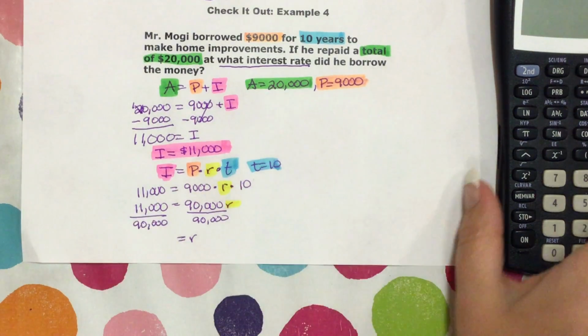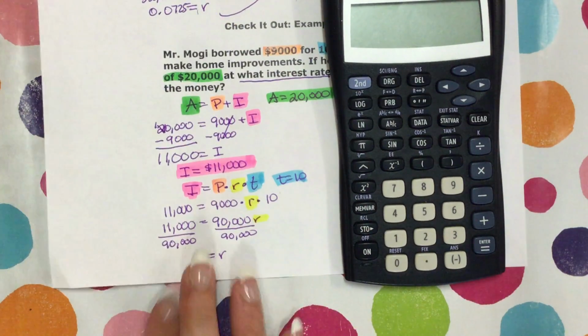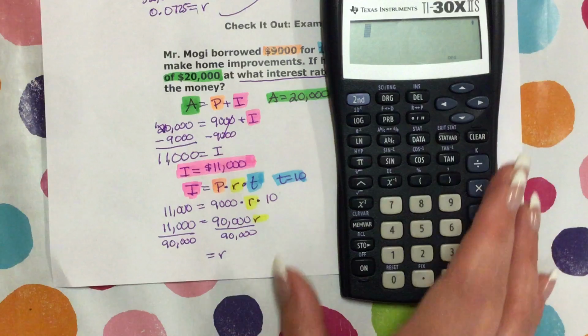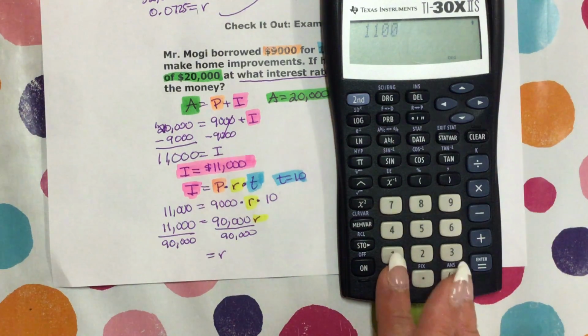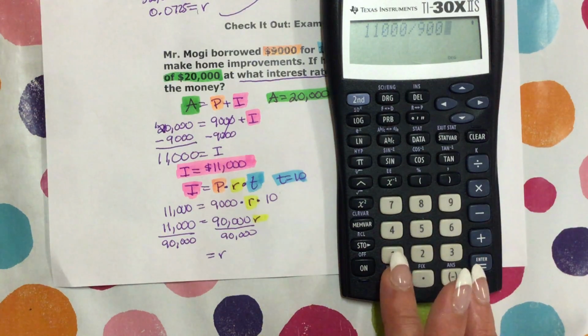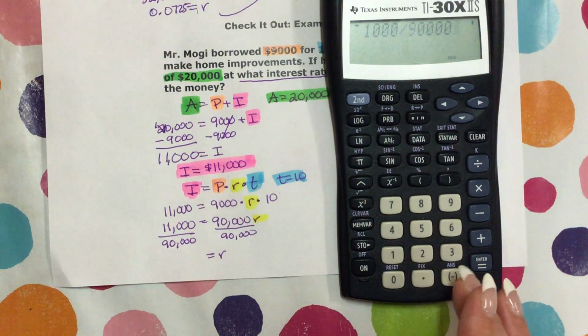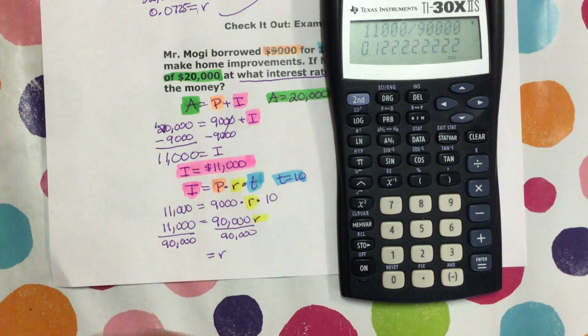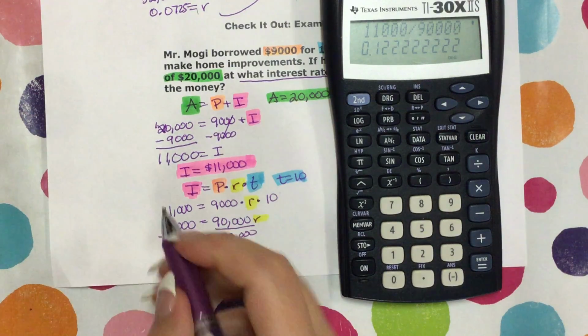I'm just going to go ahead and figure out what 11,000 divided by 90,000 is. So 11,000 divided by 90,000 is, all right, it is 0.12222, and it's repeating.